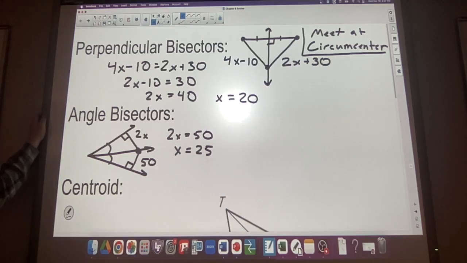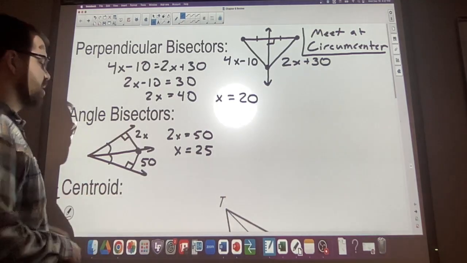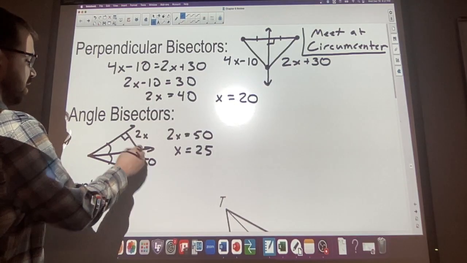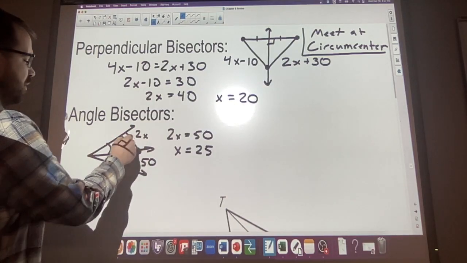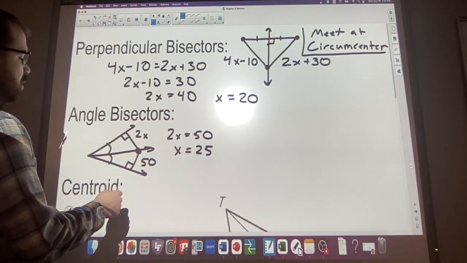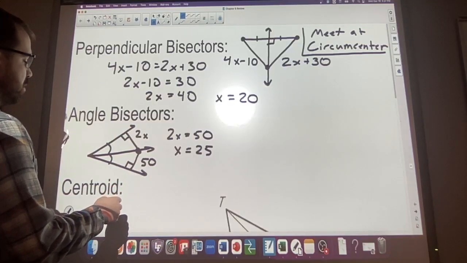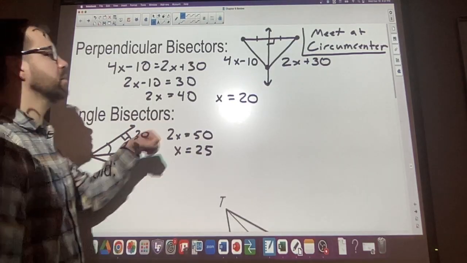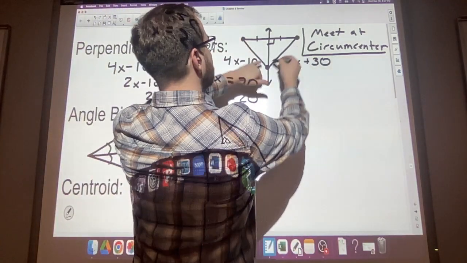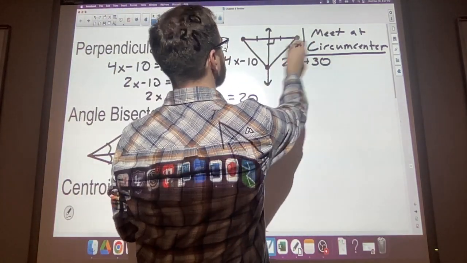Now, one thing you have to know is that this works both directions. So if I know that these segments are the same, or the 2x and 50 are, if those are marked as congruent, then these angles would have to be the same. And up here, if I knew that these diagonals were congruent, then these segments would have to be the same.